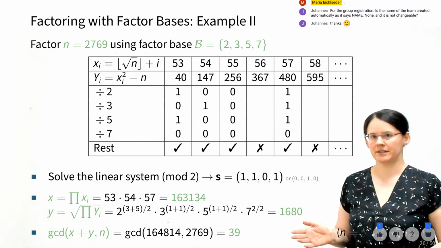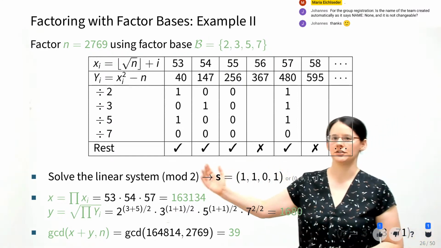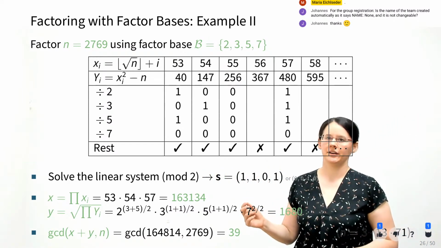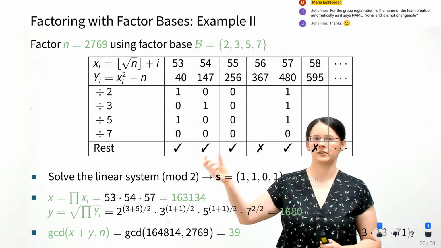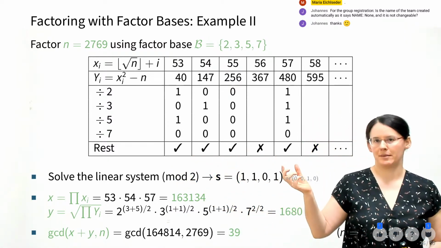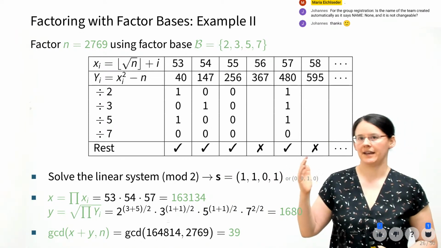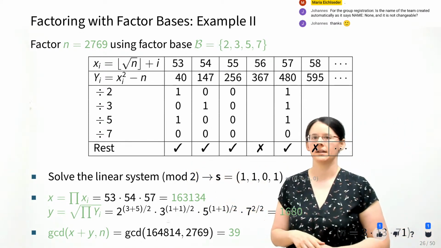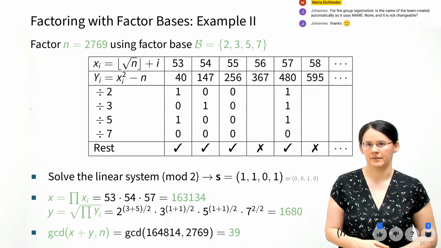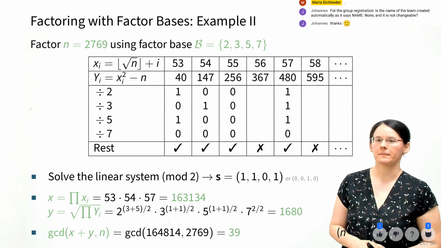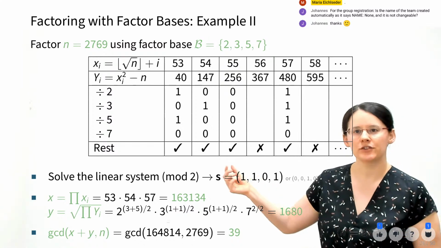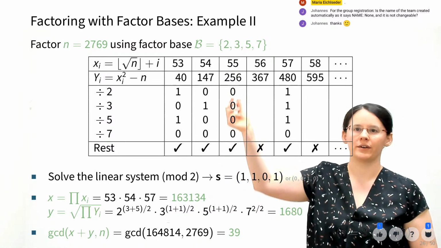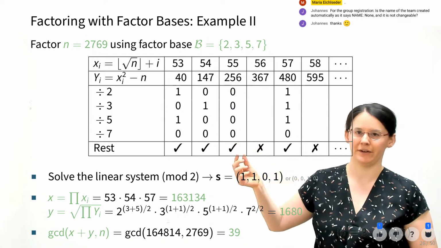What I now want to do is find a combination of these here, a linear combination of maybe this vector, maybe this vector, maybe this, and or maybe this one here, such that the XOR of them is 0. And if I do this, let's have a look. I can see that actually using this vector alone is already sufficient because all the exponents are even.